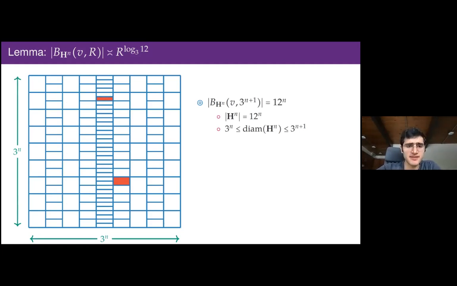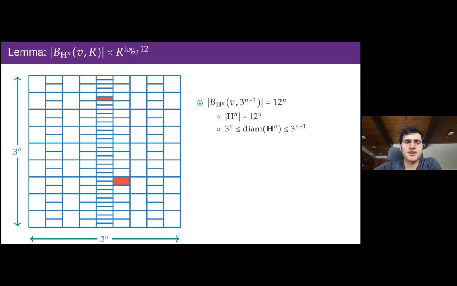To obtain a path from the top marked vertex to the bottom one, you move at most 3 to the n distance to the left to hit the first column, then go down at most 3 to the n distance so that you get into a tile in the same row as the bottom marked vertex, and then go to the right at most 3 to the n distance to reach that vertex. You can see that the size of this path is at most 3 to the n plus 1.